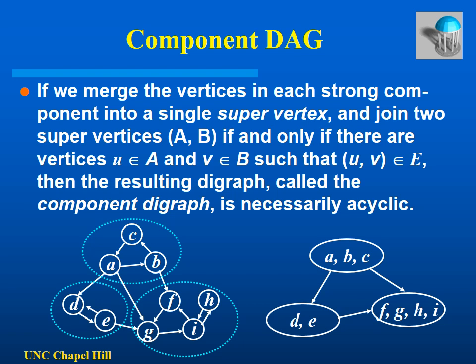You can get from DE to FGHI, but you can't get back to DE. You can get from FGHI to nothing. The component-directed graph is necessarily acyclic, because if it was cyclic, the connected components would be bigger.